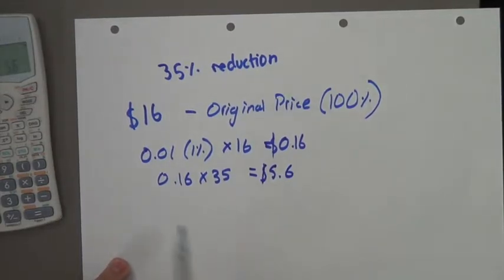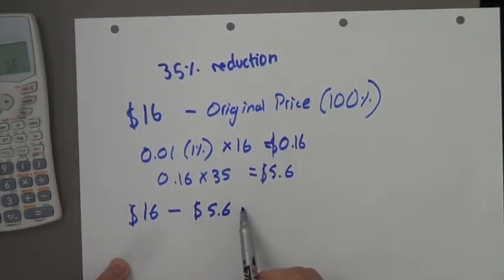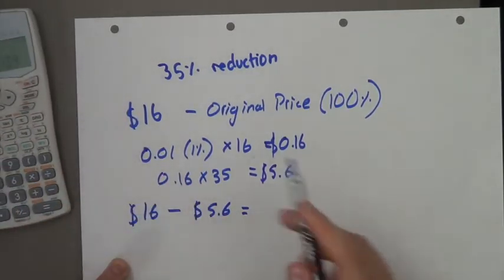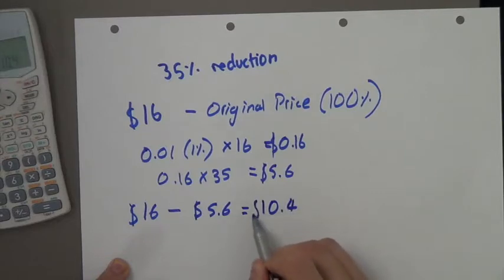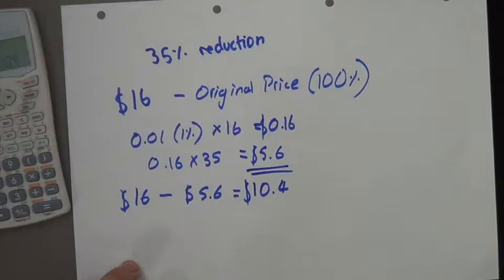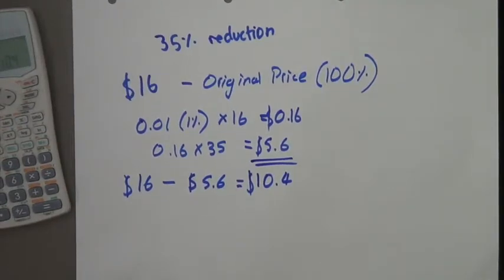So $5.6 is the reduction in the original price. So basically, he spent $10.4. It says how much did Abdul save? Well, he saved $5.6.